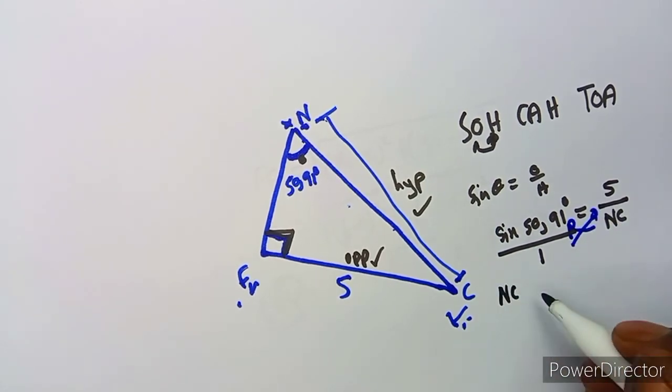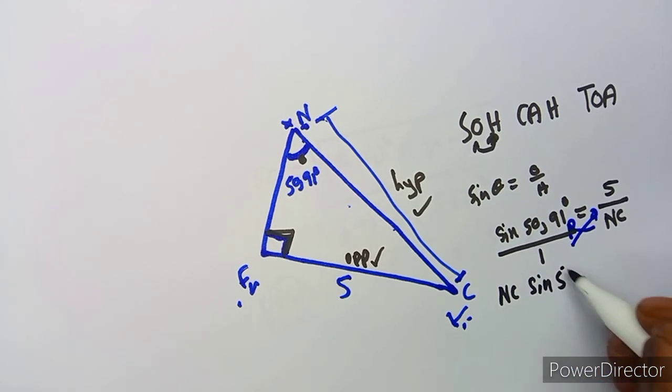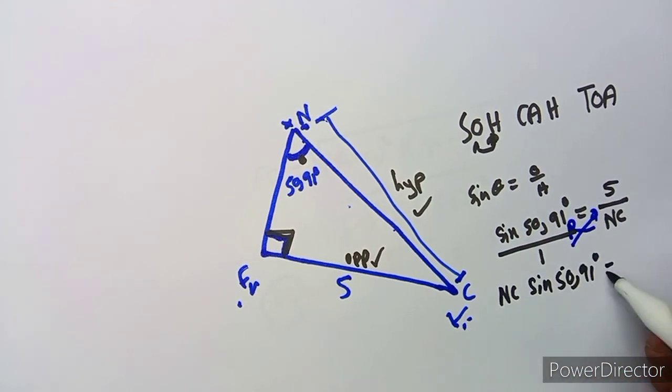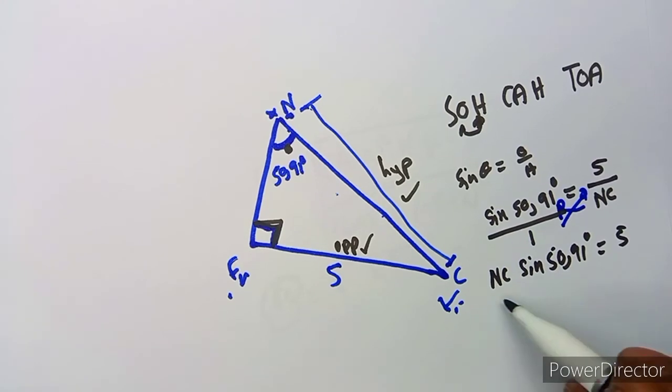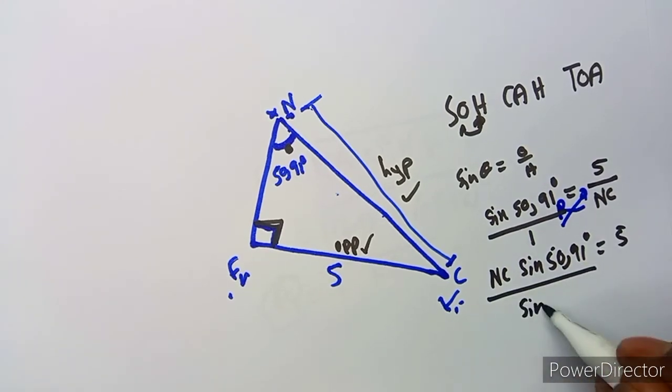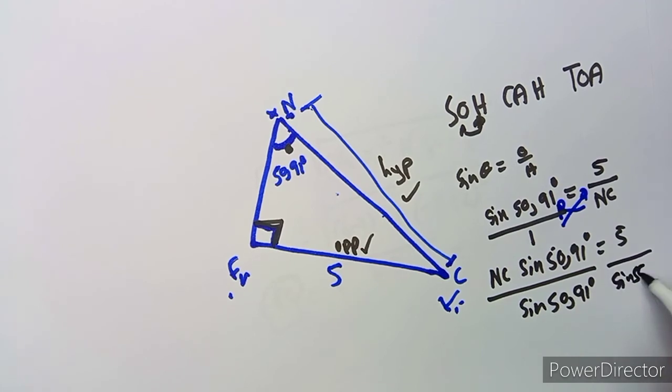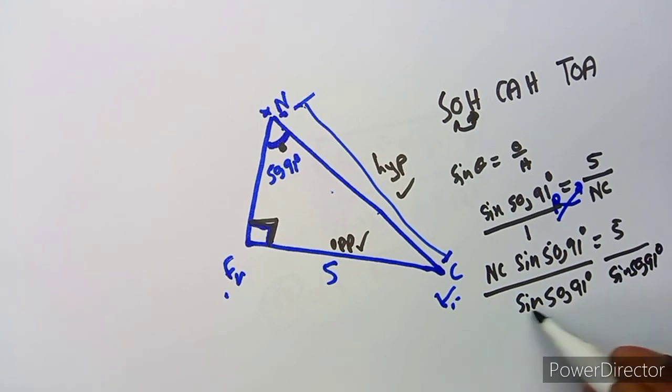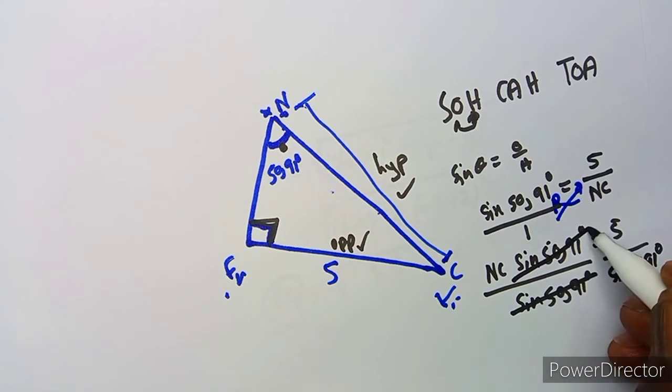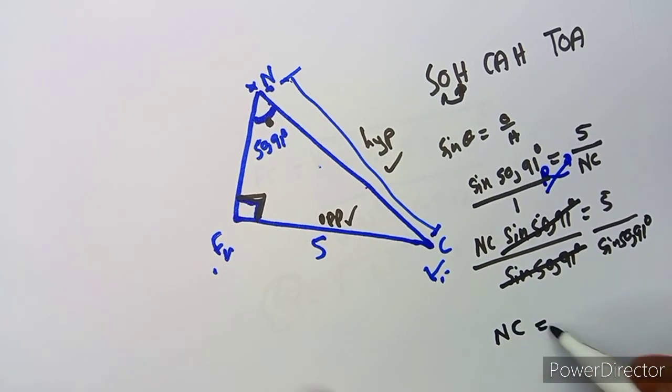NC times sine 50.91, which is equal to 1 times 5, which is 5. So I can divide by sine 50.91 degrees on both sides, thus this can cancel and I'll have my NC.